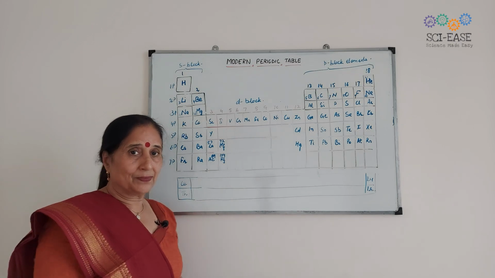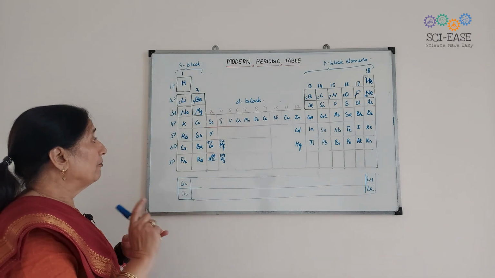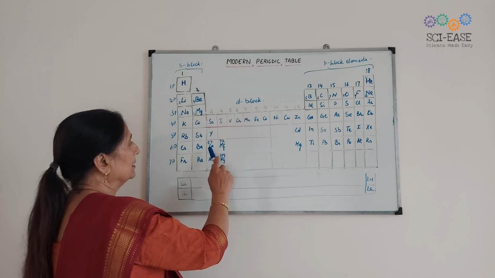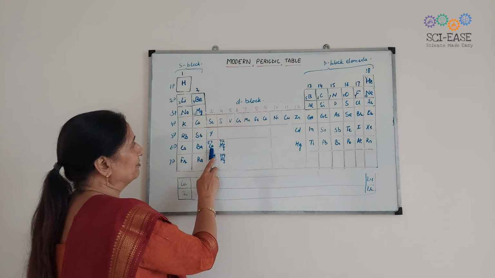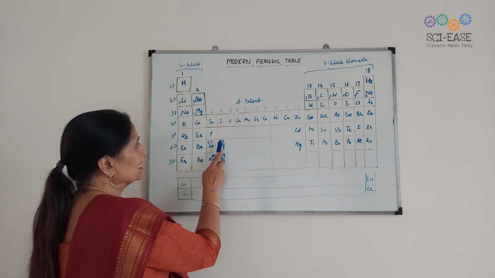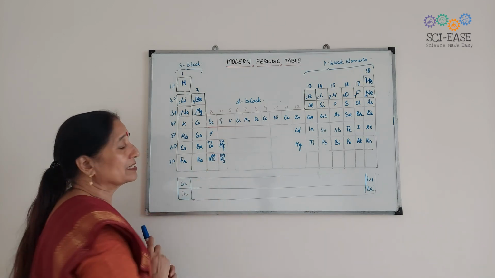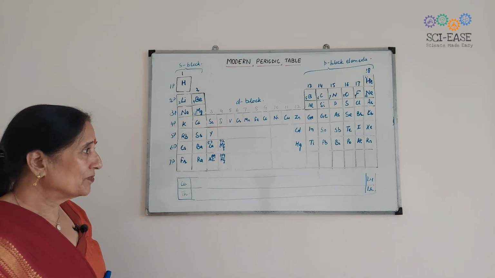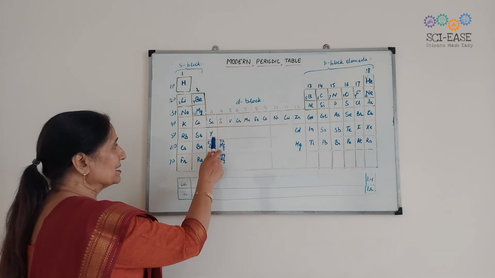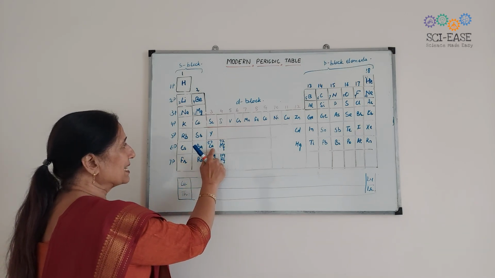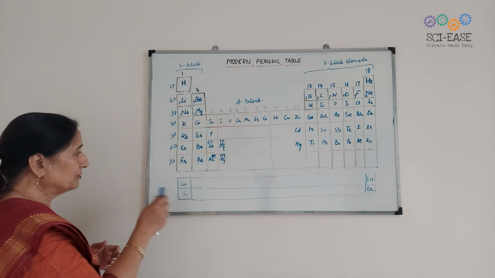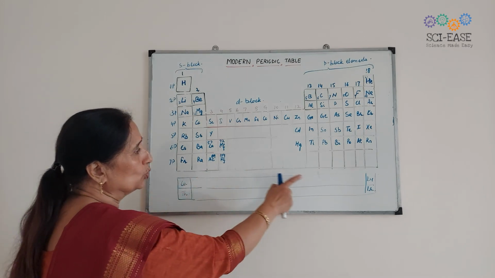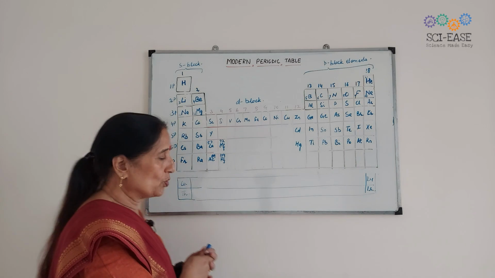Okay. Now, one thing I want to tell you about these D block elements, that after 57, the atomic number is 72. Where are the other elements? Okay. So, the elements in between, this is lanthanum. After lanthanum, there are elements from cerium to lutetium. Okay.